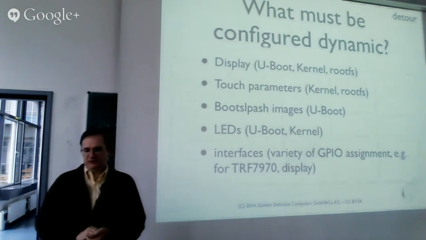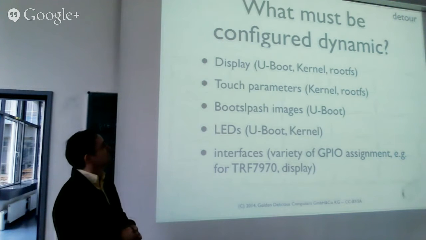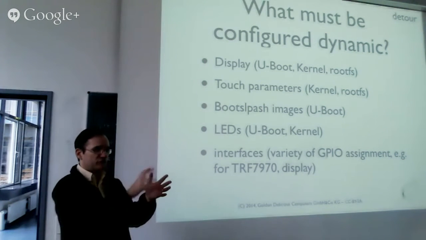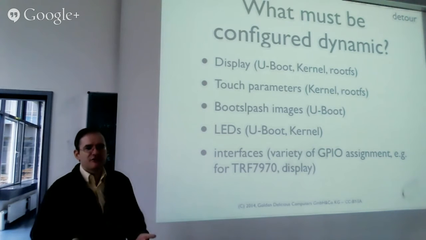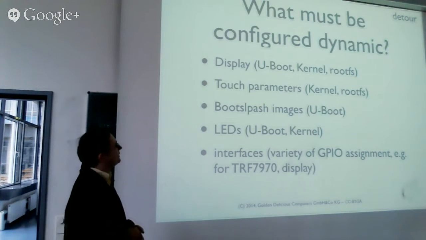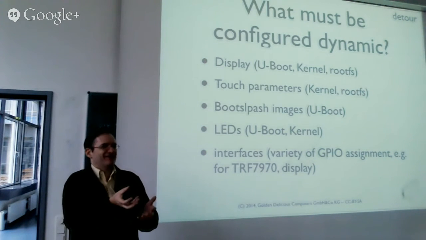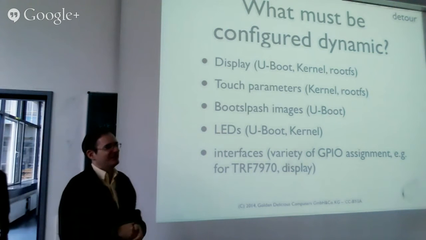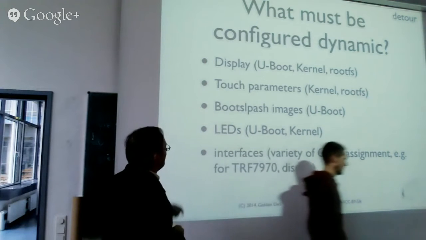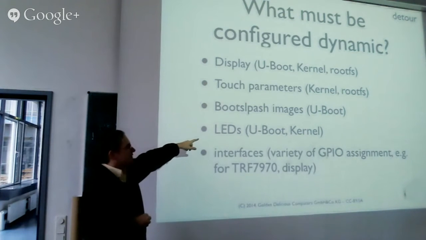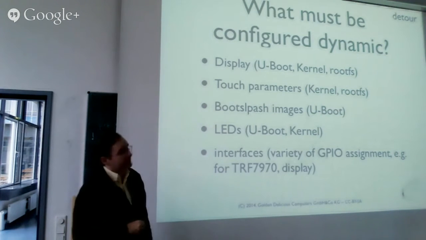What must be configured dynamically is the display, the touch parameters, for example, rotation of the touch, because that is something which can't be detected by software. Of course, it can be calibrated, but how does the user with a rotated screen get to the calibration? So that must be pre-installed. Boot splash images, the LEDs, how they are used during boot, and the kernel and this interface.